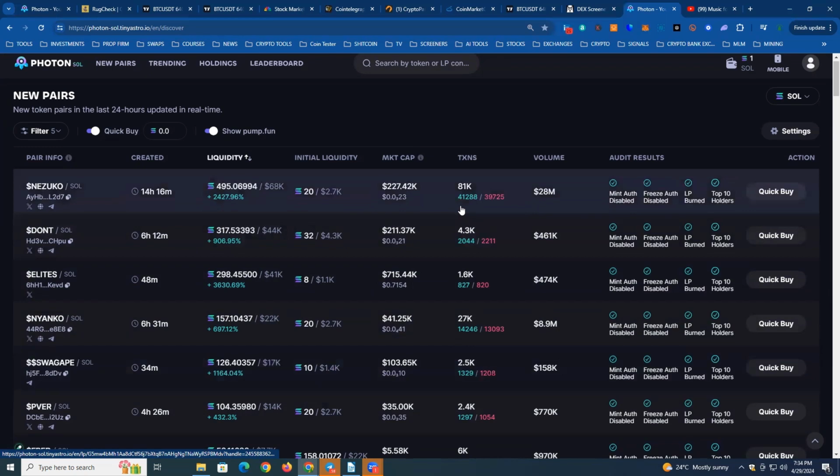What you would notice is, for instance, this particular first coin, the Zuku, has had 41,000 plus buys and 39,000 plus sells.